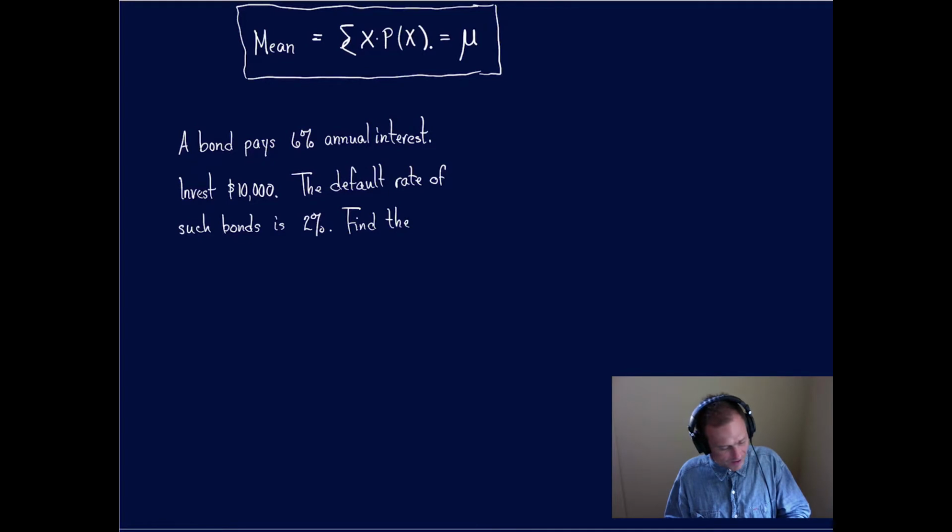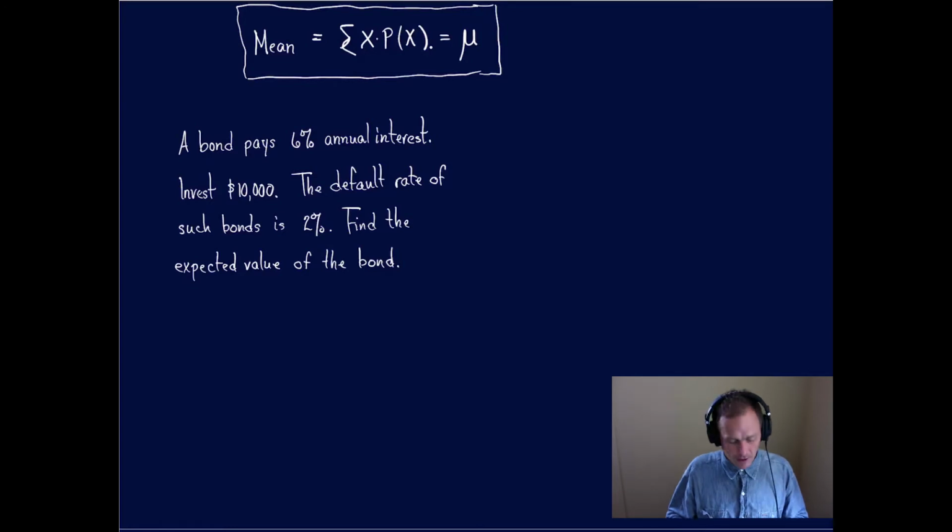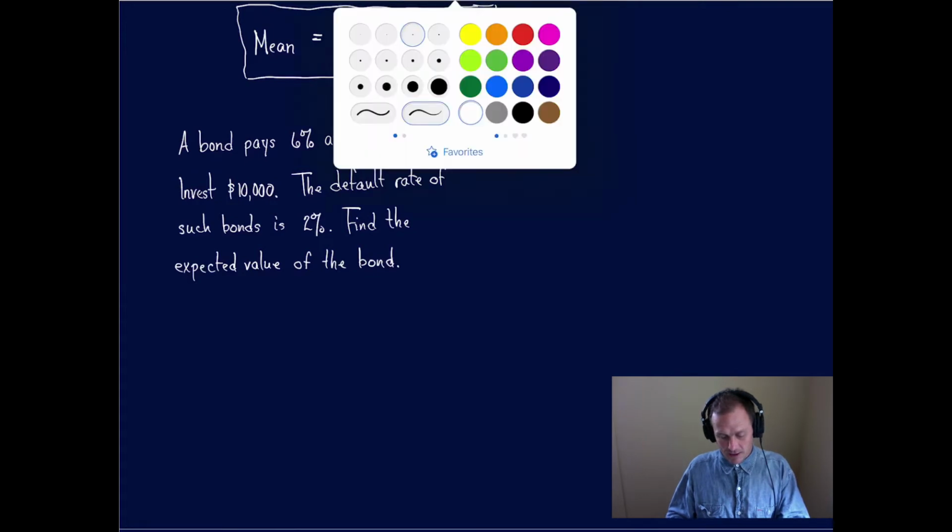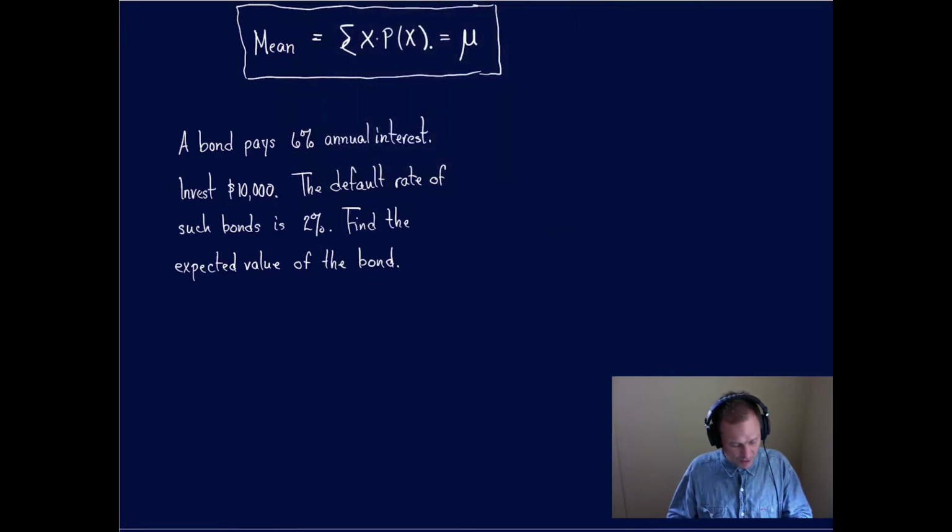Find the expected value of the bond. Okay, let's try that. So I just put in an entirely new word, one that you don't know yet, and I need to clarify that. And that was this, expected value.